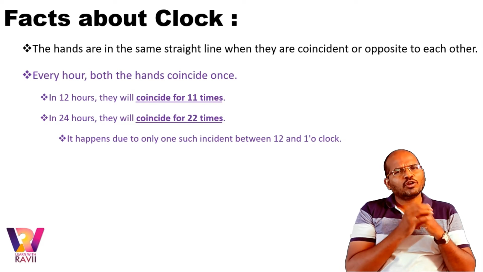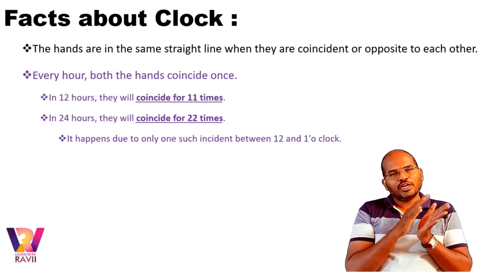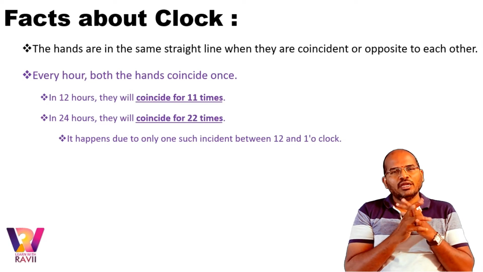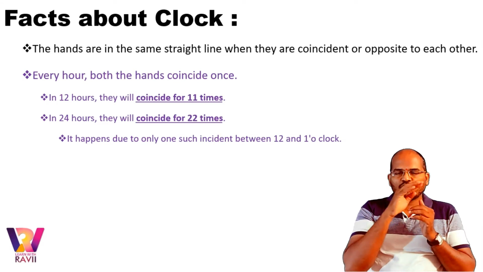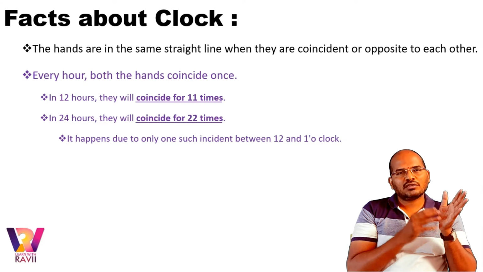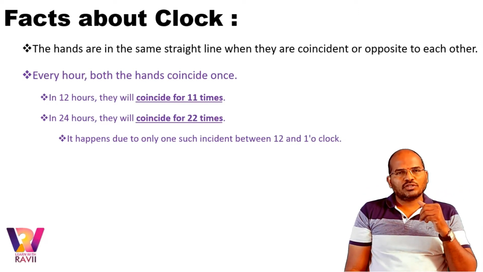Why only 11? It is because between 12 and 1, the minute hand and the hour hand coincide only once. So instead of 12 we have only 11 coincidences. In 12 hours there are 11 coincidences, so 24 hours will be double, that is 22 times.